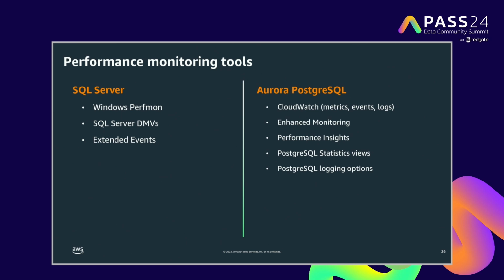Starts with CloudWatch. CloudWatch is to see the resource usage at the cluster level. That means compute, memory, storage IO, all these metrics, you can see in CloudWatch. But if you want to see what is happening inside a compute instance, let's say the compute instance is nothing but a virtual machine.